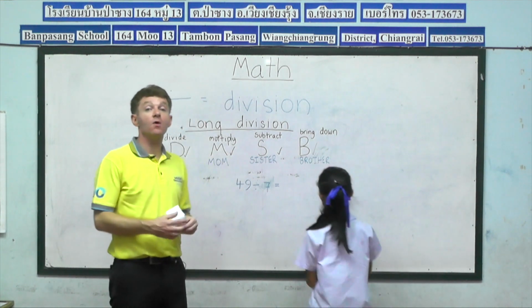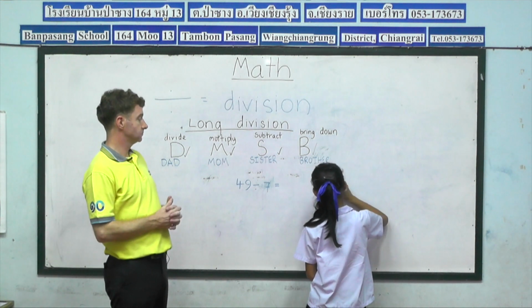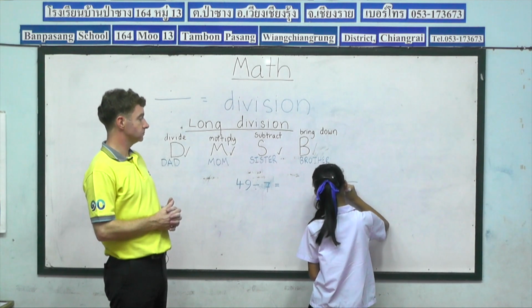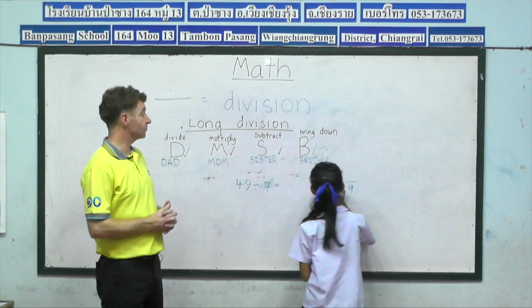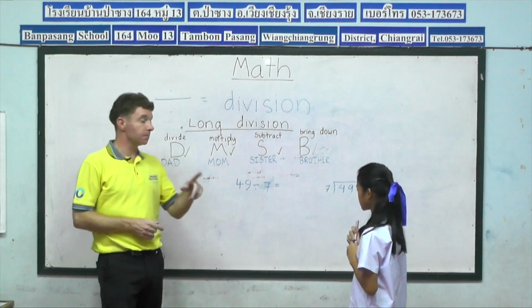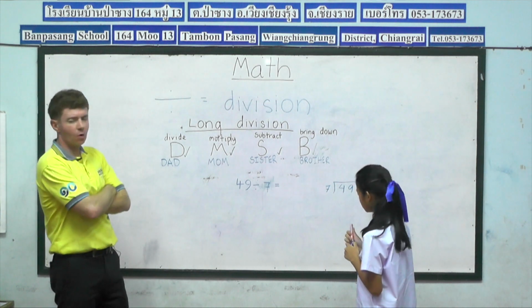First thing to do, our division problem. So inside, 49, and outside, 7. Okay, so step number 1, divide. 4 divided by 7.